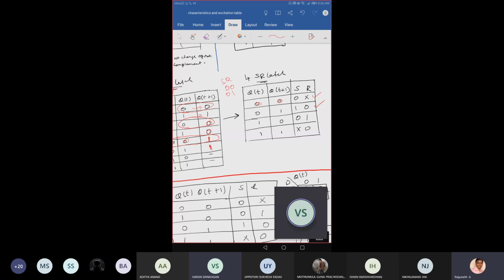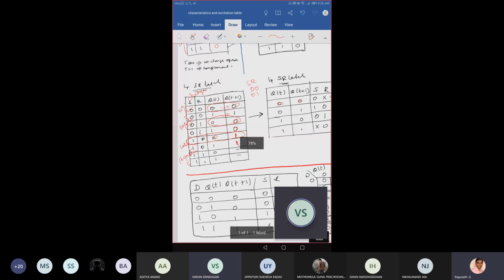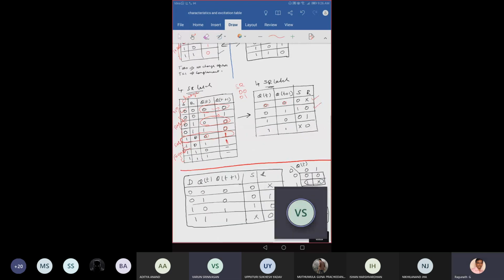Is this for NAND based or NOR based? This is the NAND based. I told you at the end of the last class, whether it's NOR based or NAND based, this is the generalized SR latch truth table.